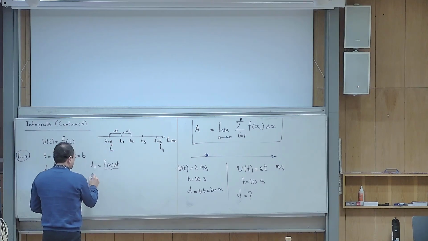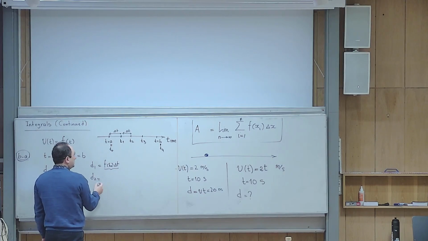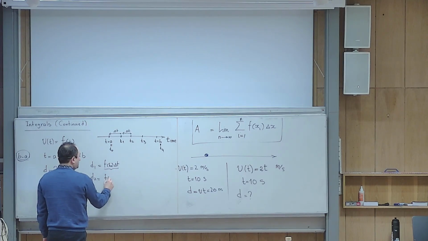Okay? But for d2, instead of a, let me put t naught. But for t2, what can I write? I can write f of t1 times delta t. Yes?